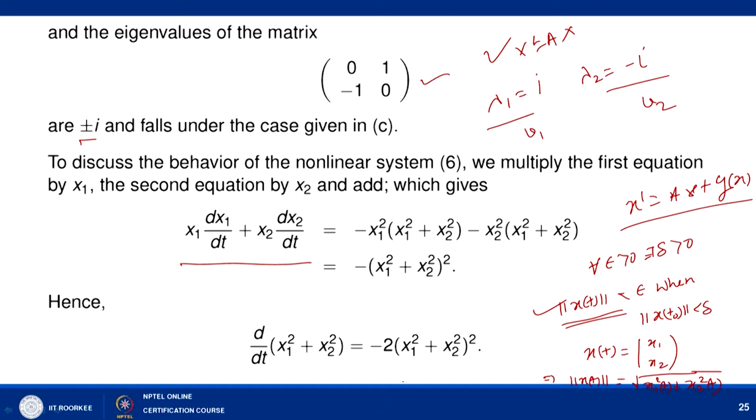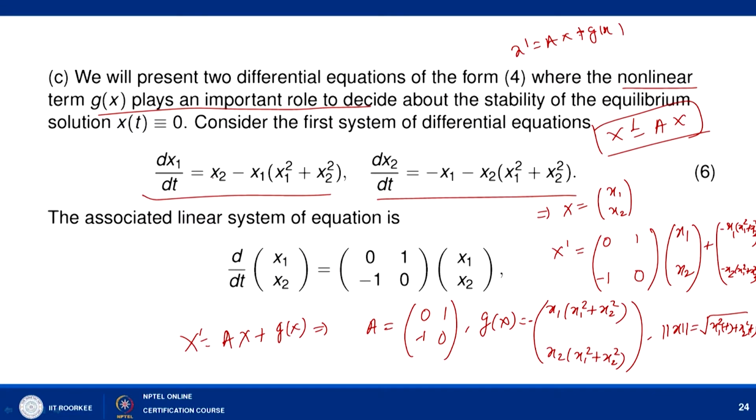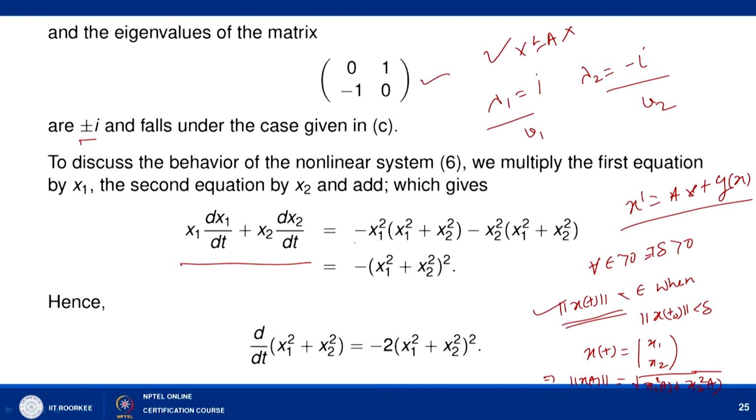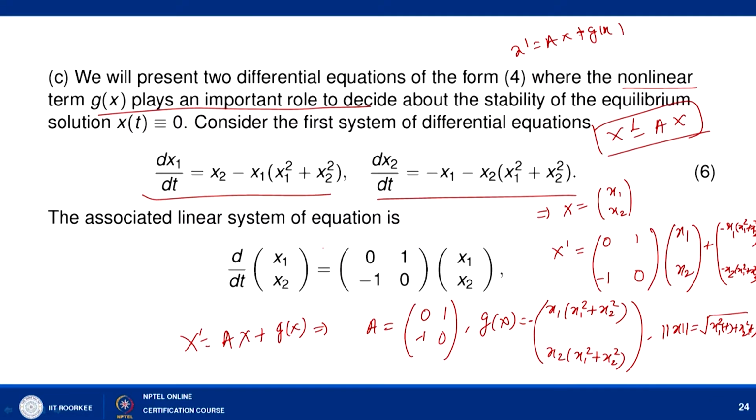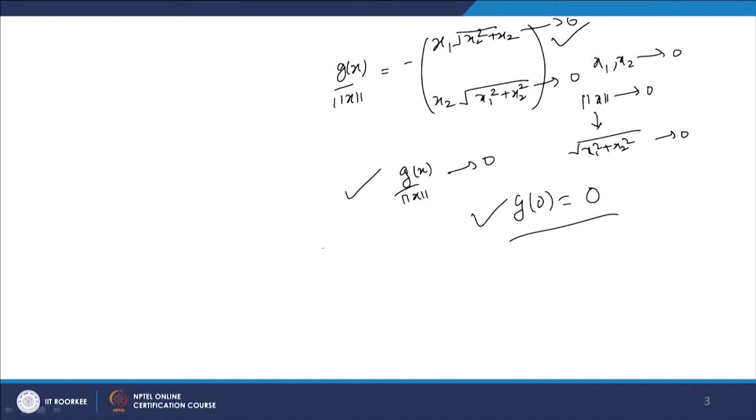The first equation is dx1 by dt equal to x2 minus x1 times (x1 square plus x2 square), and dx2 by dt is equal to minus x1 minus x2 times (x1 square plus x2 square).